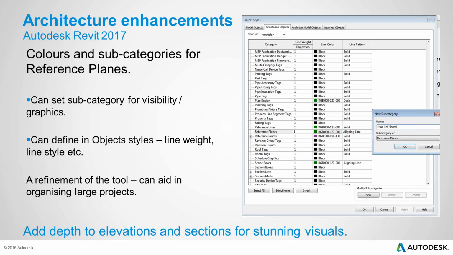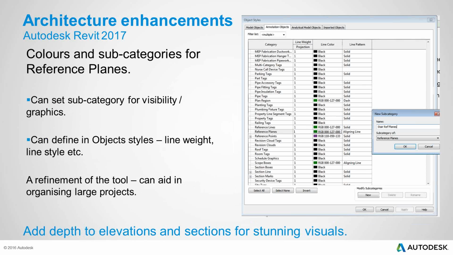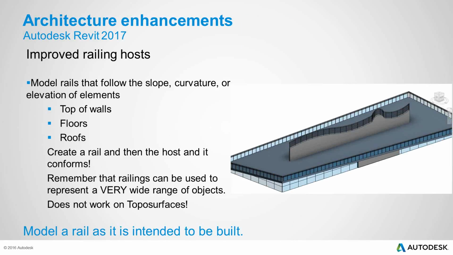Because you've got different subcategories, it means that you can use visibility graphics to hide or show those subcategories of reference planes in views to simplify things. It could also mean that you could use filters too if you wanted to be clever and use rule-based ways of hiding particular reference planes in views.